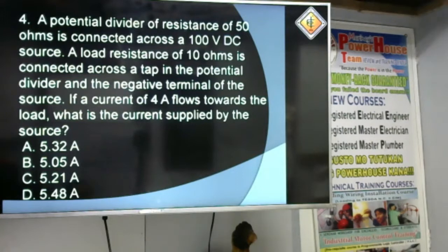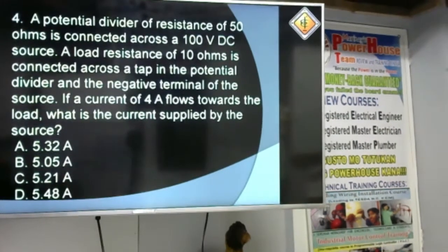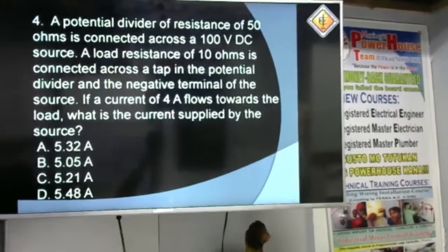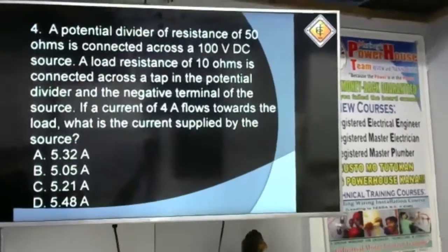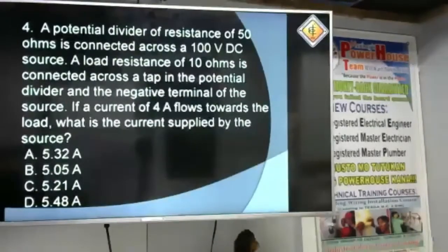I will draw this one like this. I have to draw first. Potential divider of resistance 50 ohms. Doon muna tayo. 50 ohms is connected across 100 volt supply.